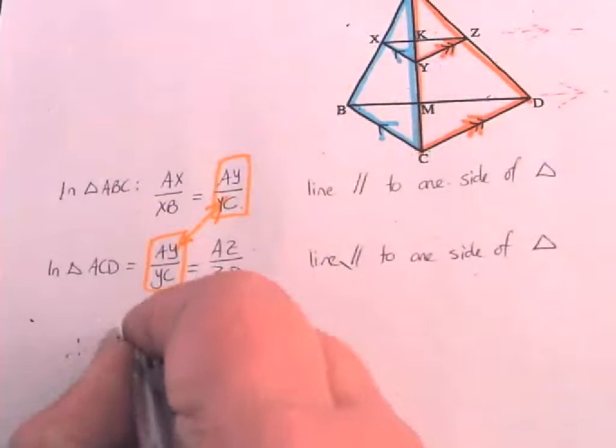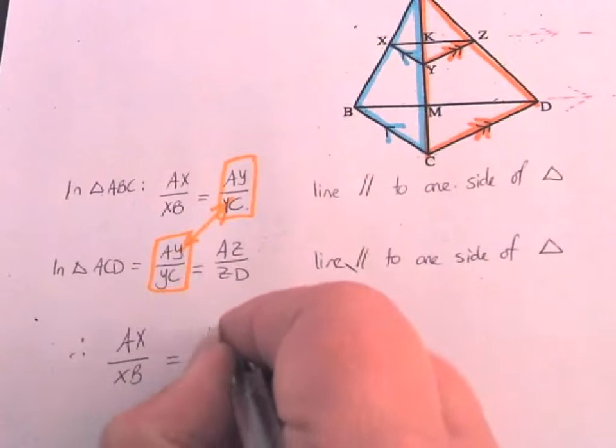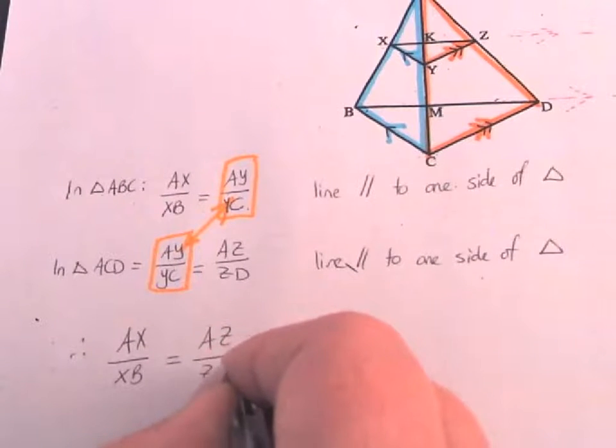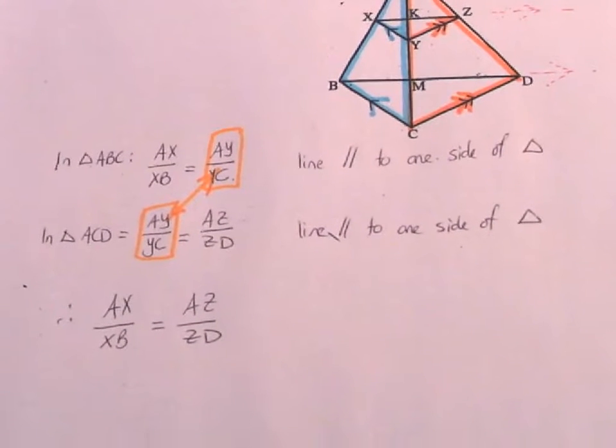Therefore, AX over XB will be equal to AZ over ZD. No, but they have a common line. Can't you use that as a reasoning because they share the same line?